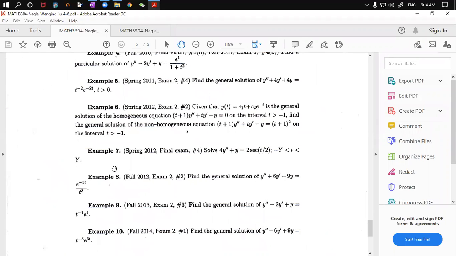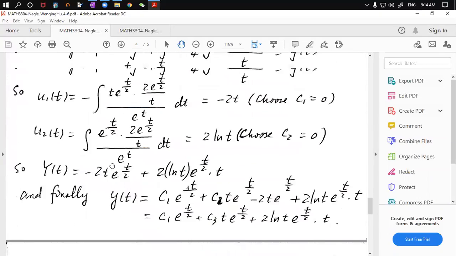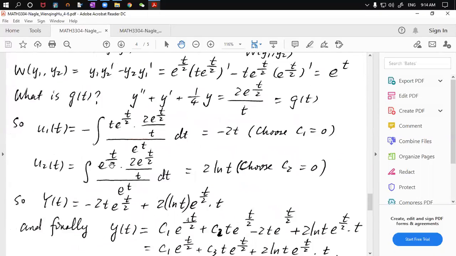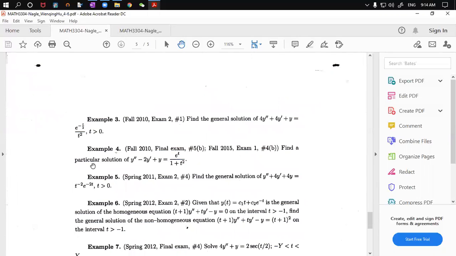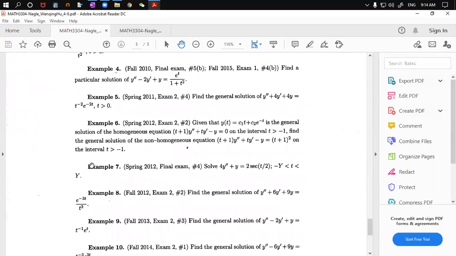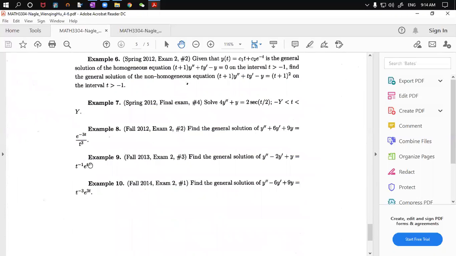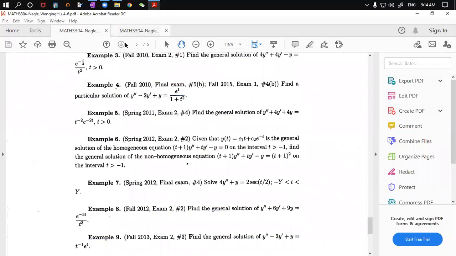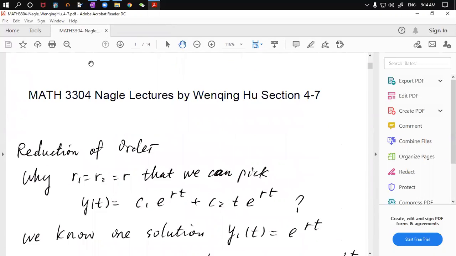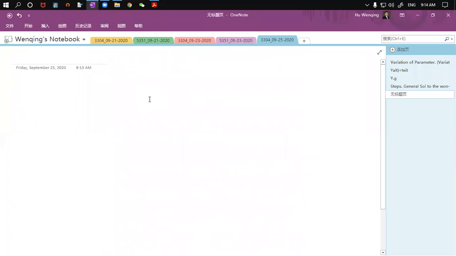They're synthetic, so it doesn't tell you whether to use the method of variation of parameters or the method of undetermined coefficients. It's not clear which one you should use, but you should choose your own method. Those are the exercises that you would like to practice. So that's all I want to say about the method of variation of parameters.